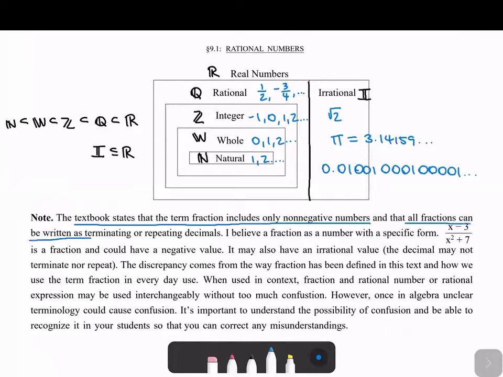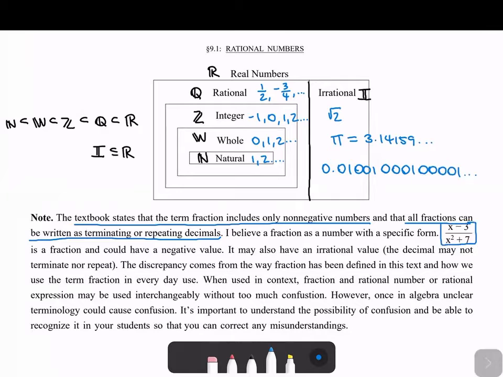and that all fractions can be written as terminating or repeating decimals. So the book defines fractions as just the positive rationals or the non-negative rationals. And that's not how we typically use the phrase fraction. So I believe, and a lot of mathematicians believe, that fractions are really just defined by the use of the fraction bar, right?